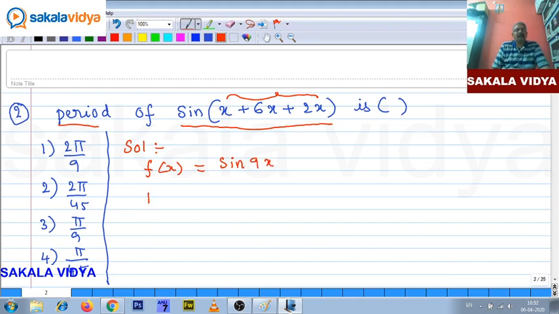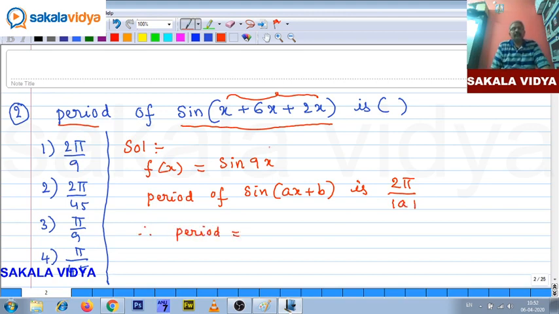We have the formula: period of sine of ax plus b is 2 pi by mod a. So therefore period is equal to, here a equals 9. So therefore 2 pi by mod 9 is 2 pi by 9. So first option is the right option.